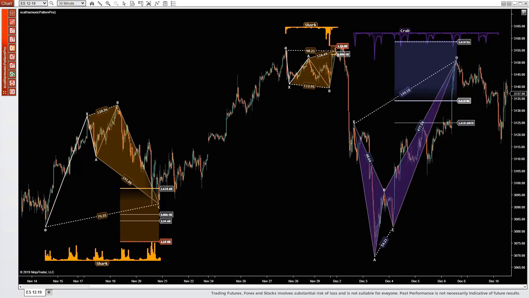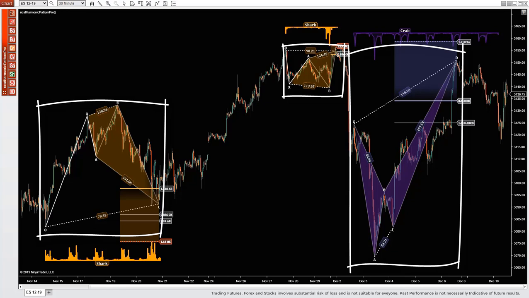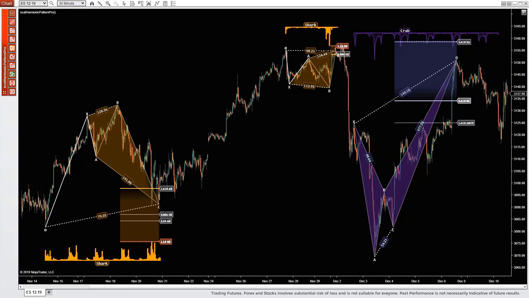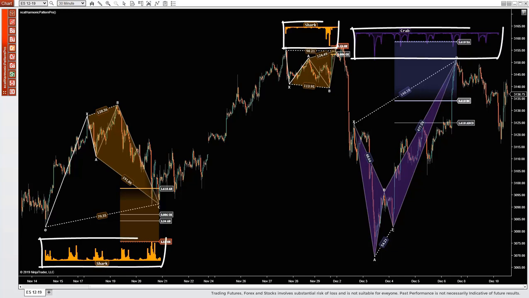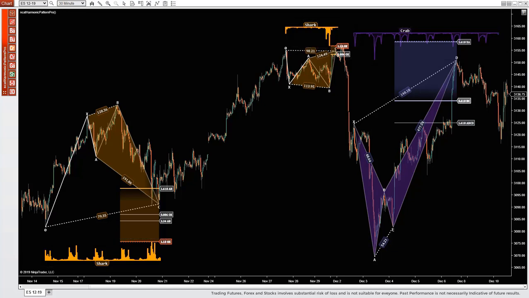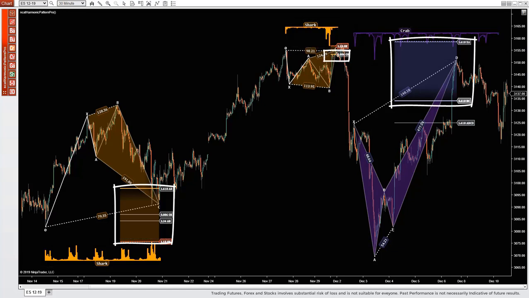So what you see here on this ES chart are the 4 tool suites applied to the chart. The first is the Automatic Pattern Trader tool suite that finds and displays each pattern you see here in real time. The next tool suite is the Harmonic Pattern Volume footprint here that helps you gauge velocity of the move while managing your trade. Next, you see the Harmonic Price Opportunity Zone tools.